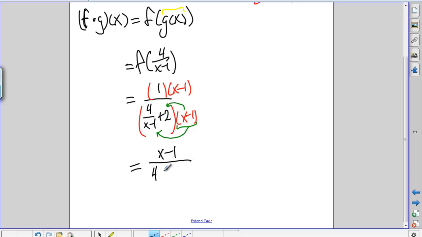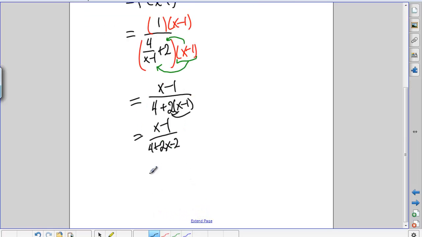And then we've got a plus 2 times x minus 1. Okay, that step's really the trickiest part of this. The rest of this is just cleaning up. Distribute the 2, so we get 4 plus 2x minus 2. And so we end up with x minus 1 over 2x plus 2.